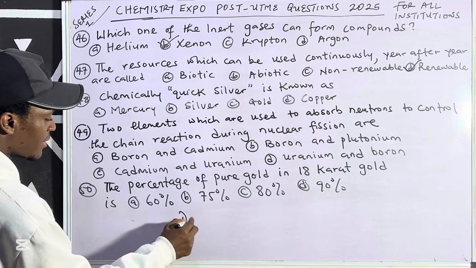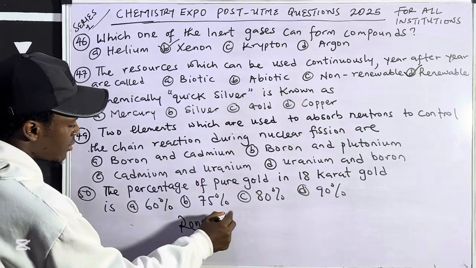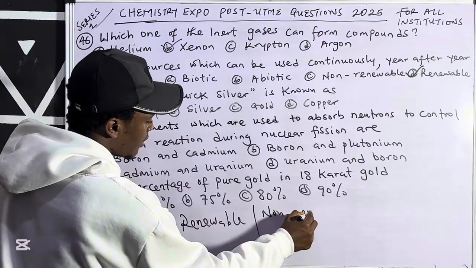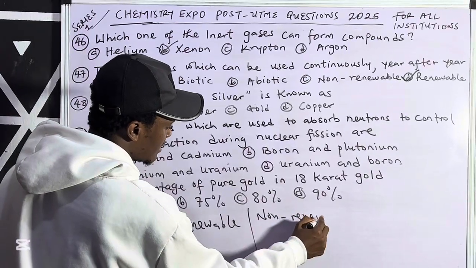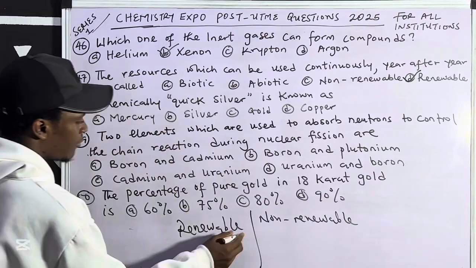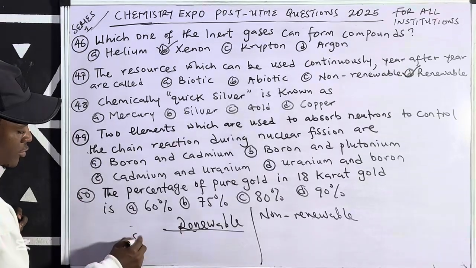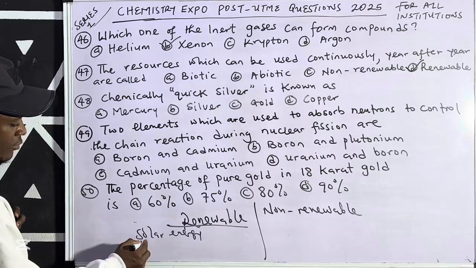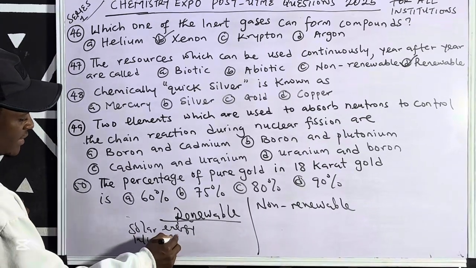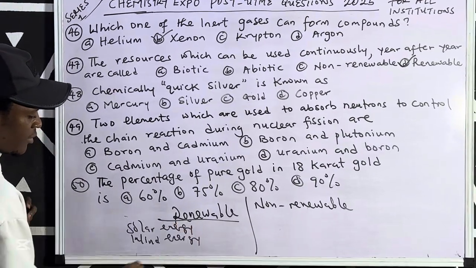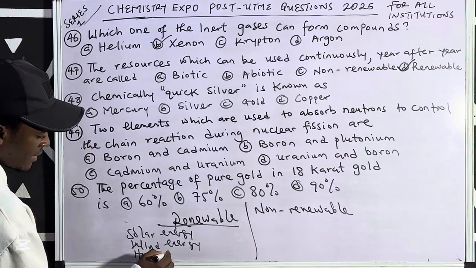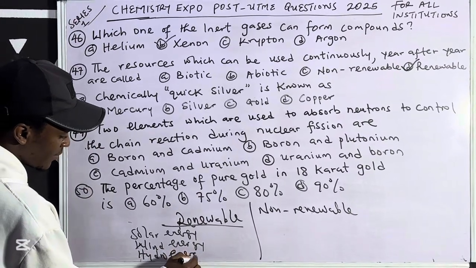Now, talking about renewable and non-renewable resources or energies that we have. For renewable, you should be talking about solar energy. Solar energy is an example, even that of wind. Wind energy is an example of renewable. Even hydro energy, energy obtained from water.